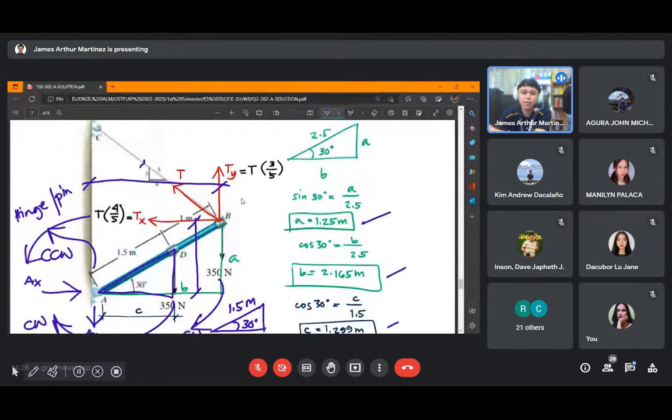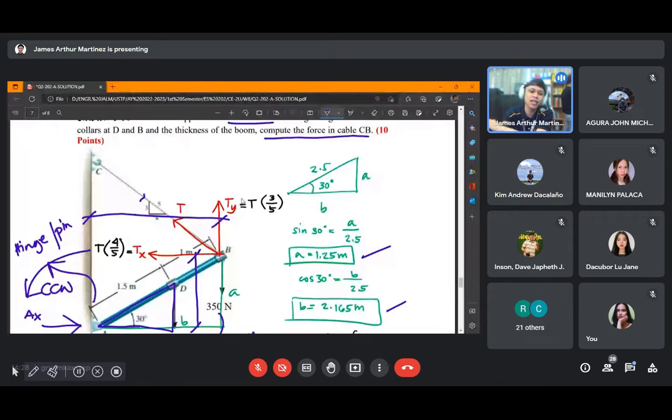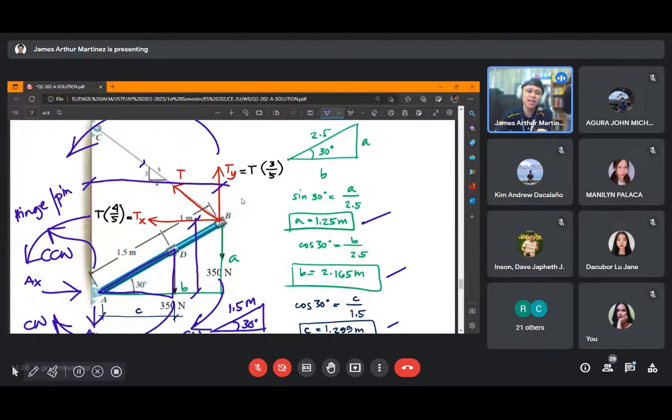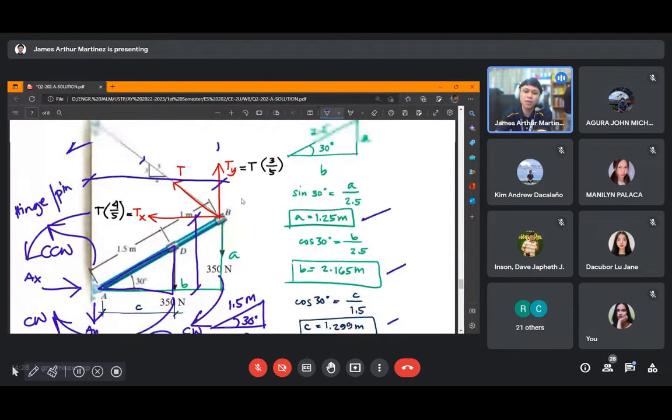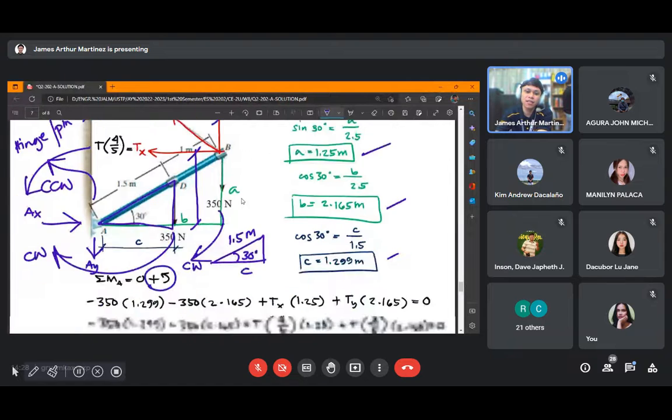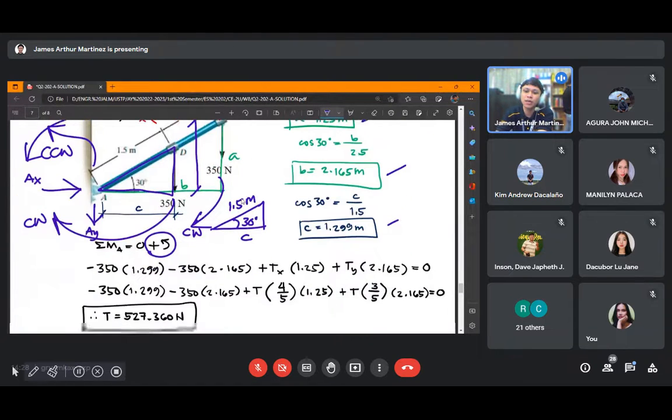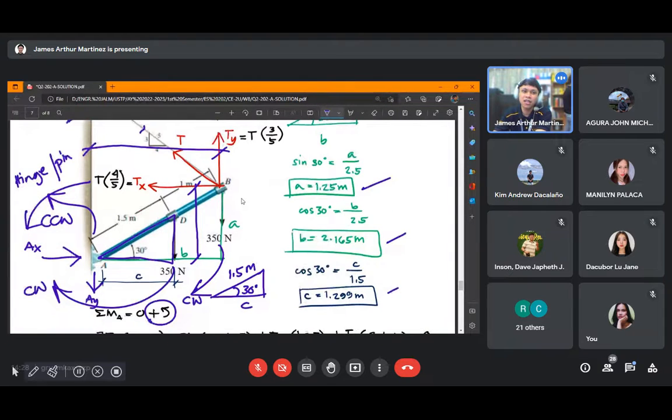Plus, we expect counterclockwise rotation from Ty, and it is counterclockwise indeed. So with respect to point A, Ty will rotate counterclockwise. The moment arm of Ty is small letter b, which is 2.165. That's why you have plus Ty times 2.165 equal now to 0, since these are just the forces acting on the system.